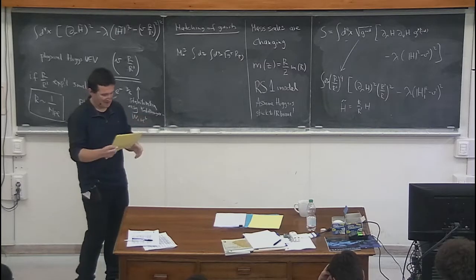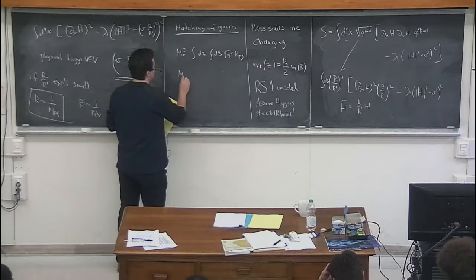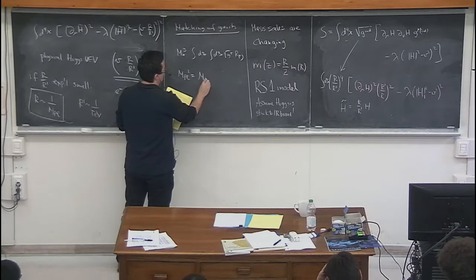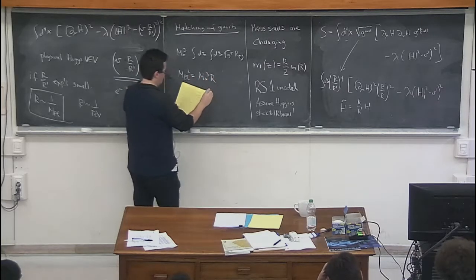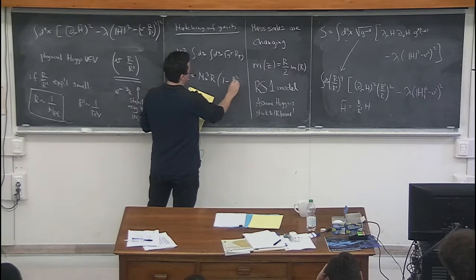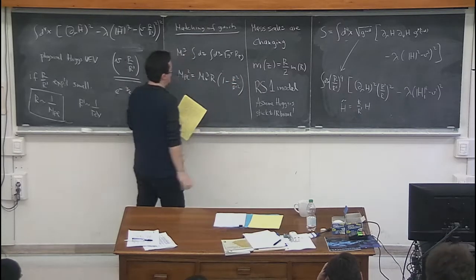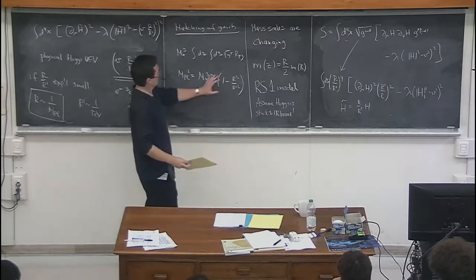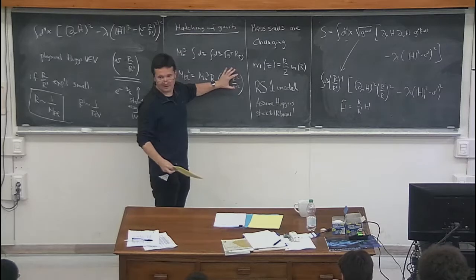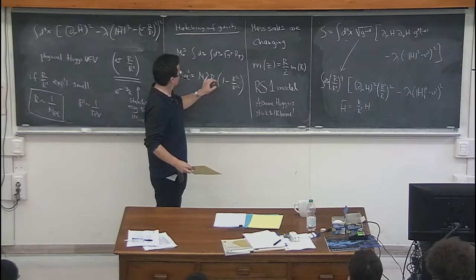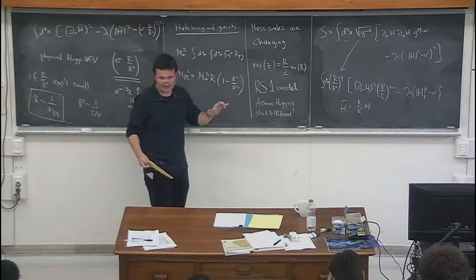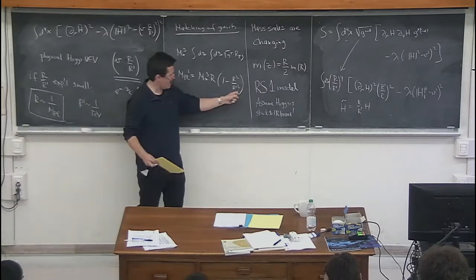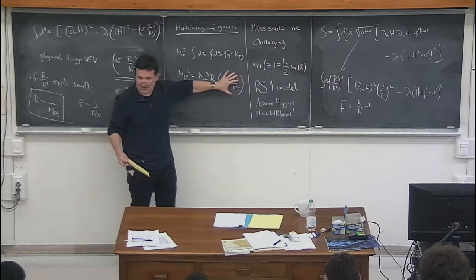The matching of the 4D and the 5D Planck scales in this theory is going to be M star cubed times r times 1 minus r squared over r prime squared. You would say, well, doesn't it look like the matching for the flat case, M star cubed times r? But r is not the size of the extra dimension. The size of the extra dimension is set by r prime, and it barely depends on the size of the extra dimension.